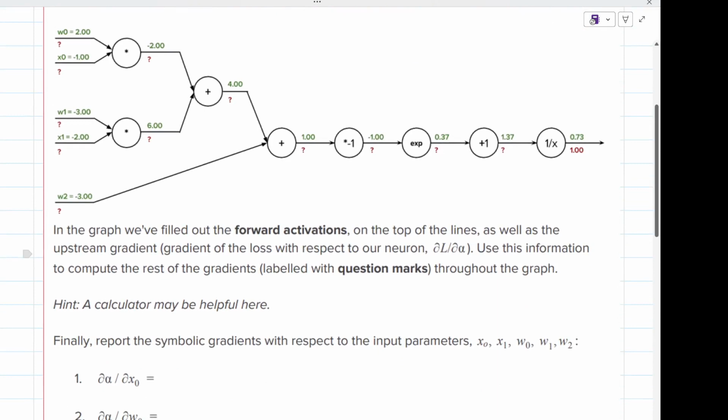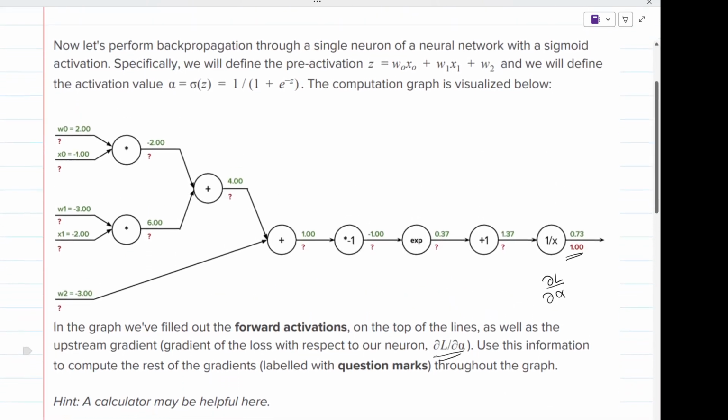So this is the upstream one, del L by del alpha. What is alpha? Okay, sigmoid activation.